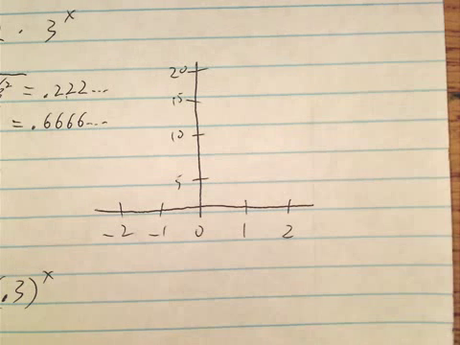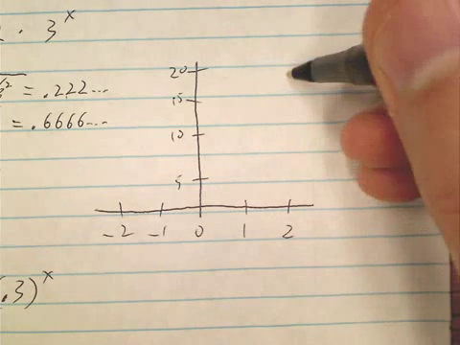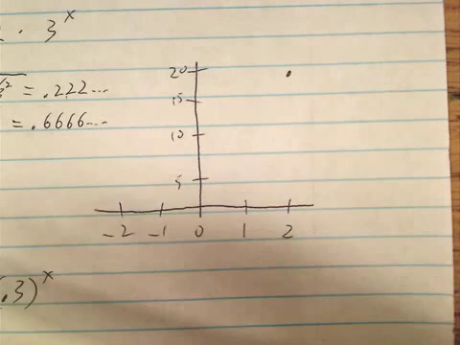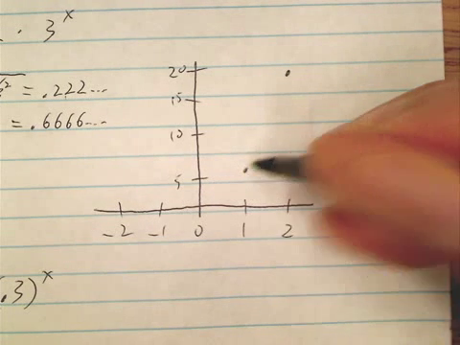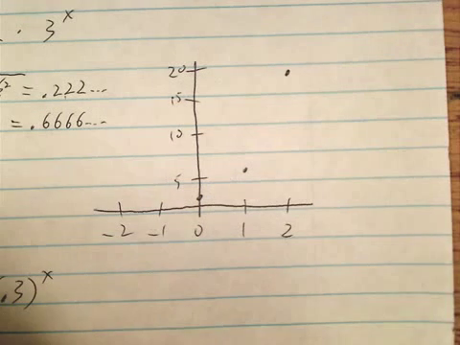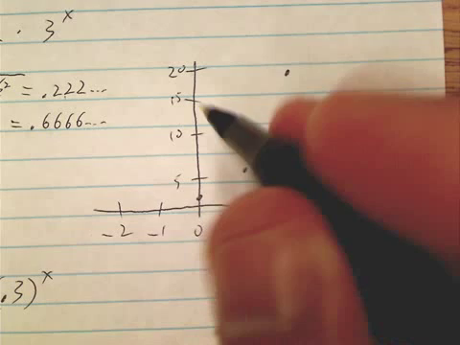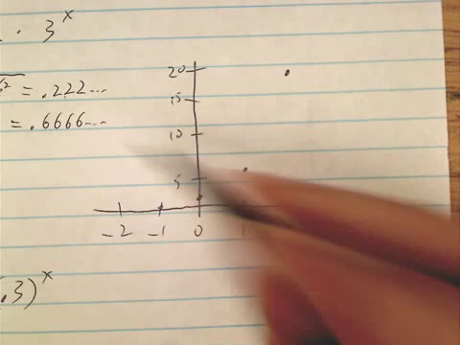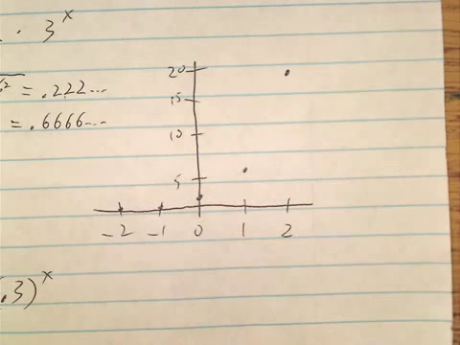Okay, however you set up the scale is fine, as long as you get the points there. So (2, 18) would be right about there. (1, 6), right there. (0, 2). And these next ones are going to be really close to the axis. (-1, 0.6), (-2, 0.2).